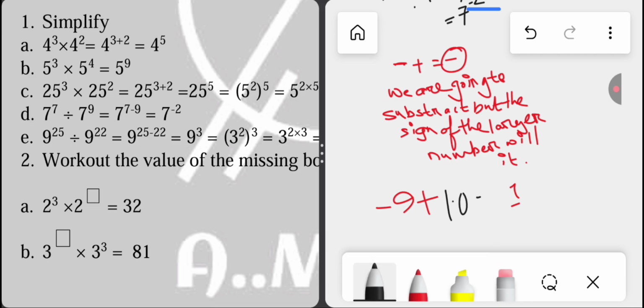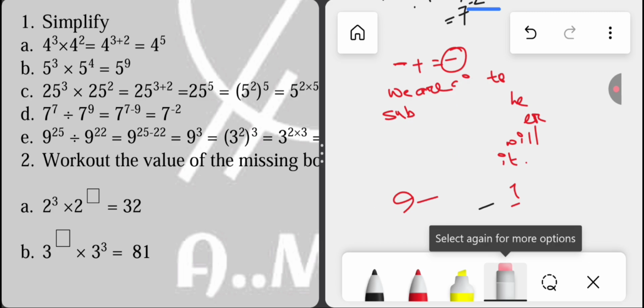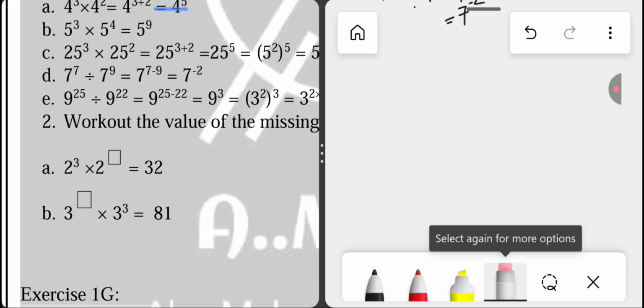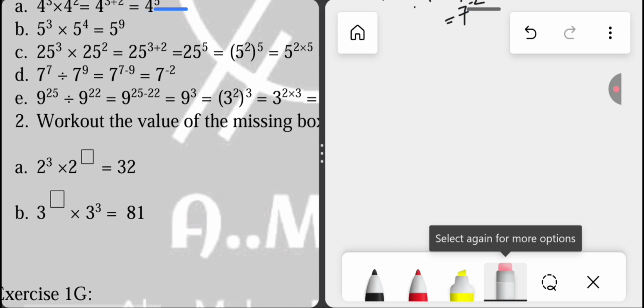If there is nothing, we assume it as a plus or as a positive value. I hope you guys know this, but it's better to always give a small lecture about the things.